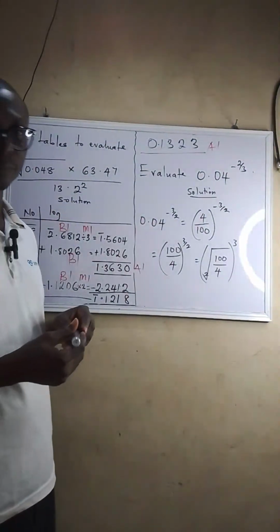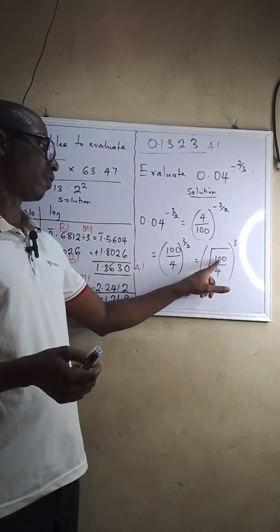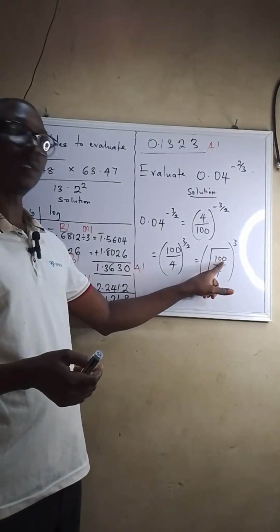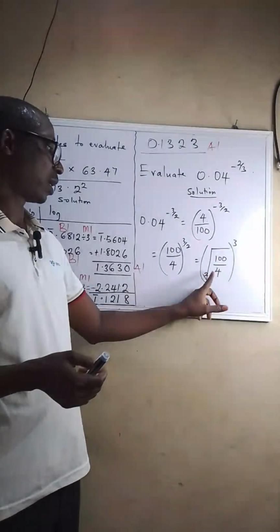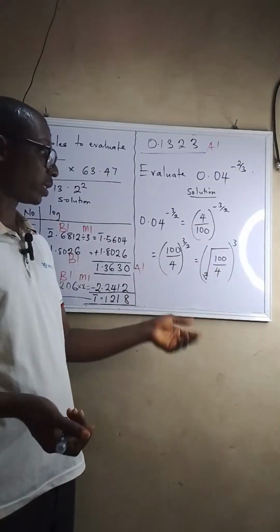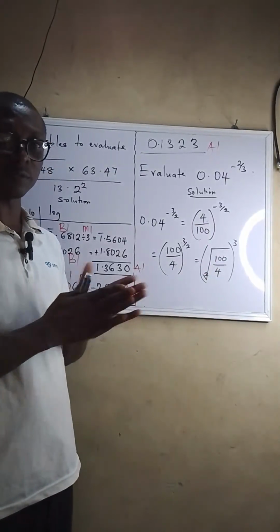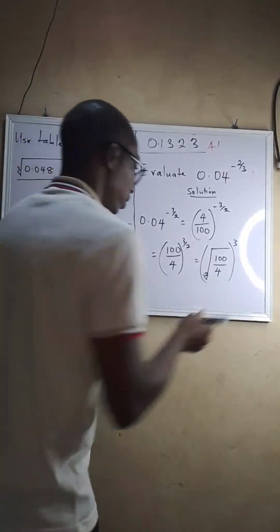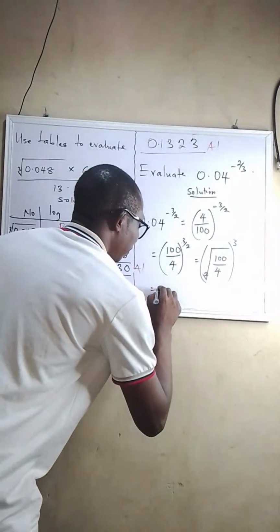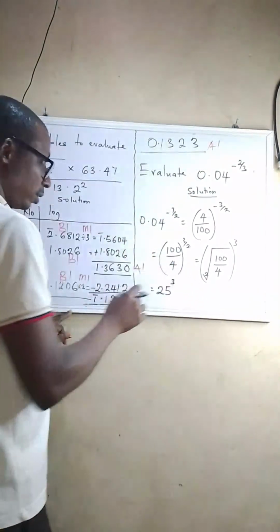Hope you get that. Now the next thing is to find the square root of 100 and the square root of 4. Or better still, you just divide straight away. 100 divided by 4 gives you 25. So this turns to the square root of 25 raised to the power of 3.